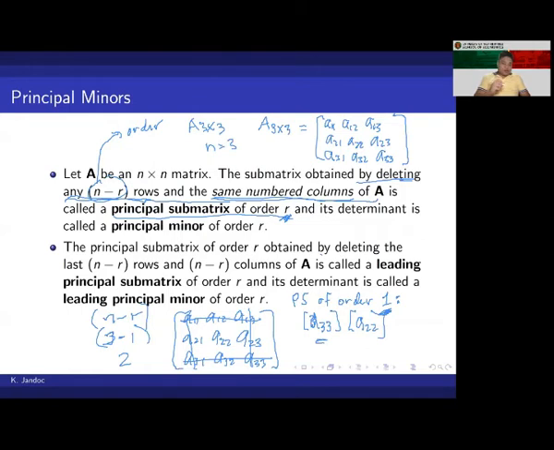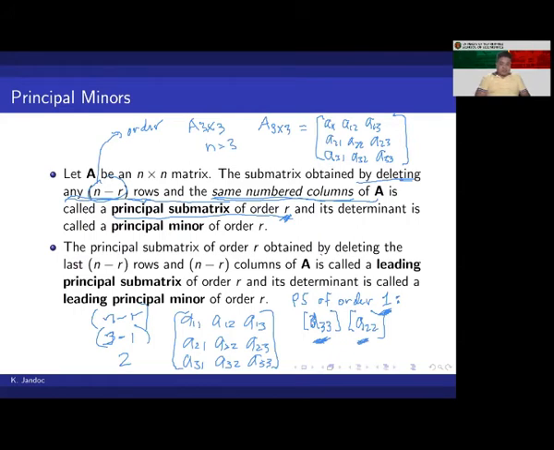And we have one more. So the other principal submatrix of order 1 is what? I guess you know by now. So let's write it again. A31, A32, A33. When we got this one, we deleted first row, second row, and first column, second column.